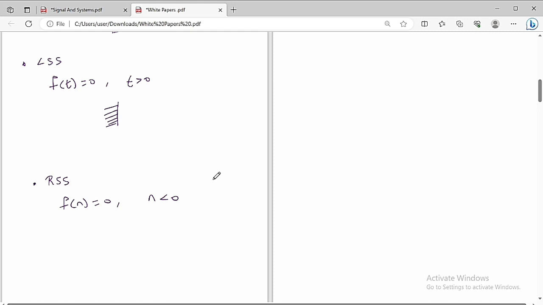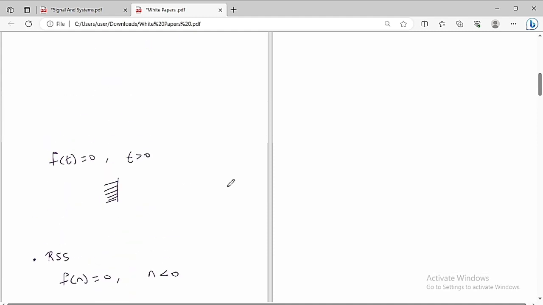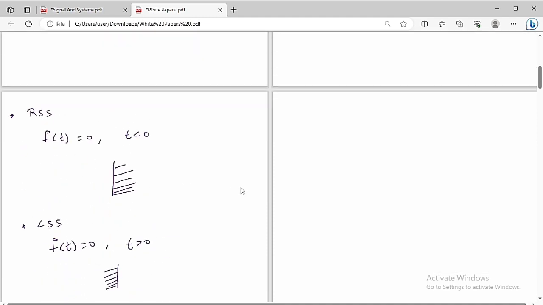The ROC is always outside of a circle. Suppose it is a left-sided signal in the discrete-time domain, then f of n is equal to 0 for n greater than 0. Then what is the ROC? The ROC is inward, inside the circle.